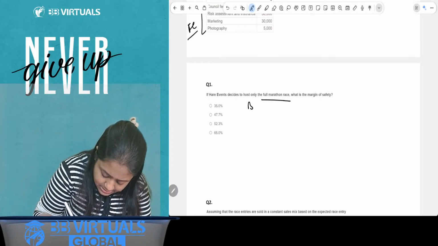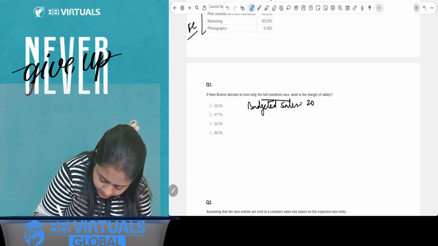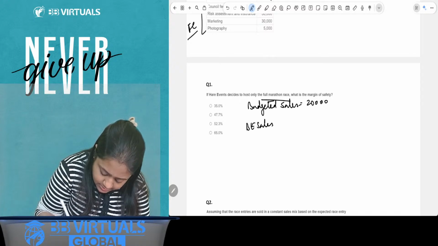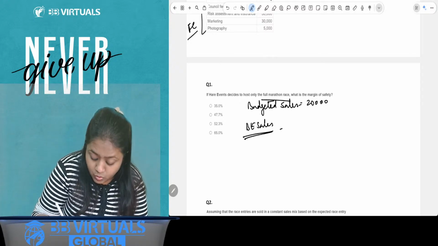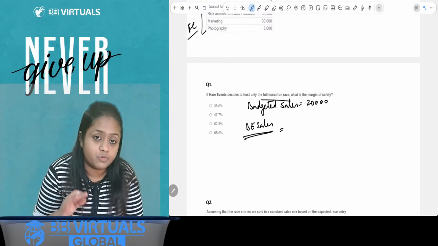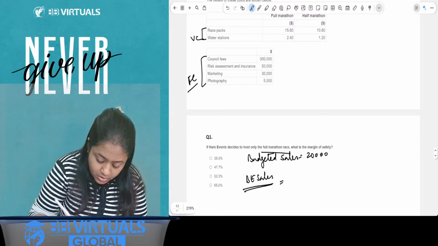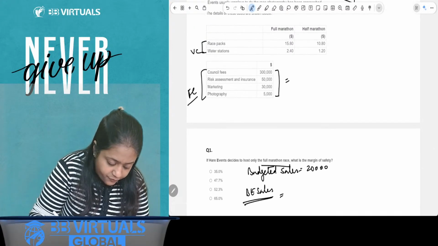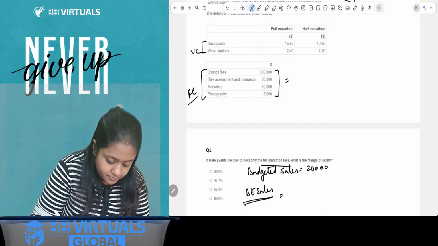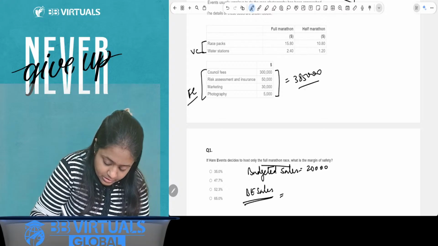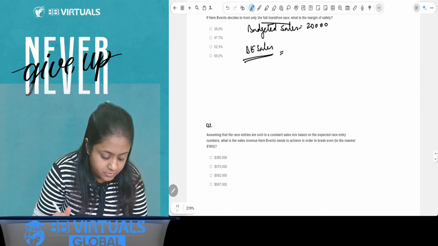First, my budgeted sales is given to me: 20,000, the maximum demand. Now let's calculate break-even sales. That is in units we are calculating, right? Numbers, not the value. So I will use the contribution per unit approach. What is the total fixed cost? Let's get the total of it. 385,000.